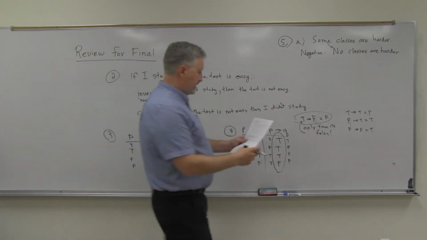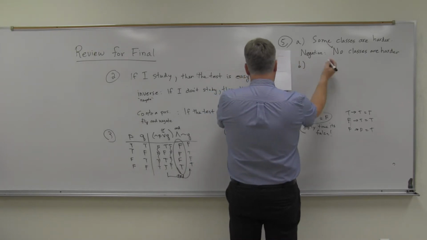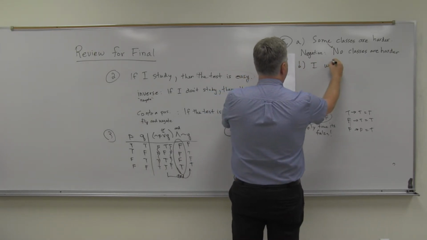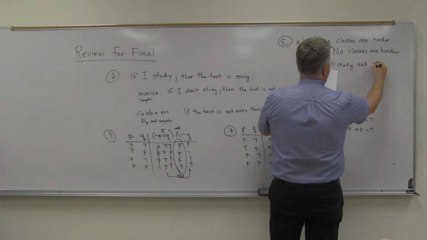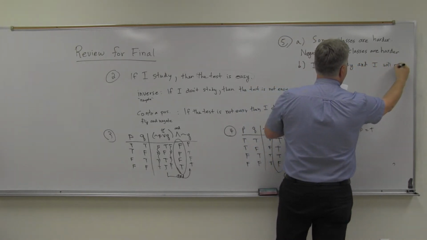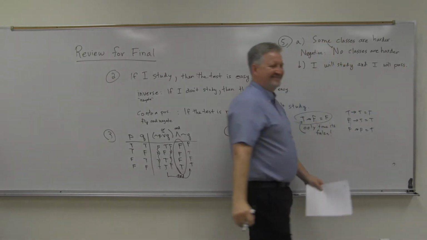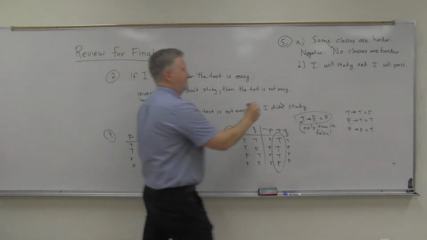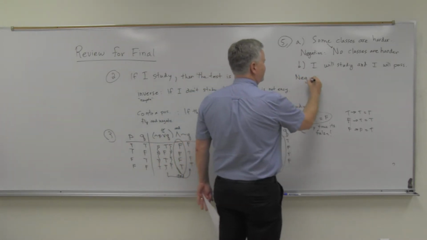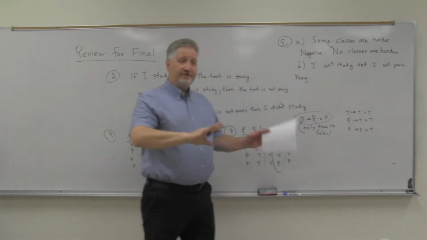Now, B, pretty nice one. I will study and I will pass. You got a true statement? Hopefully it's a true statement. But what's the negation of that? Okay, so this one's pretty nice.